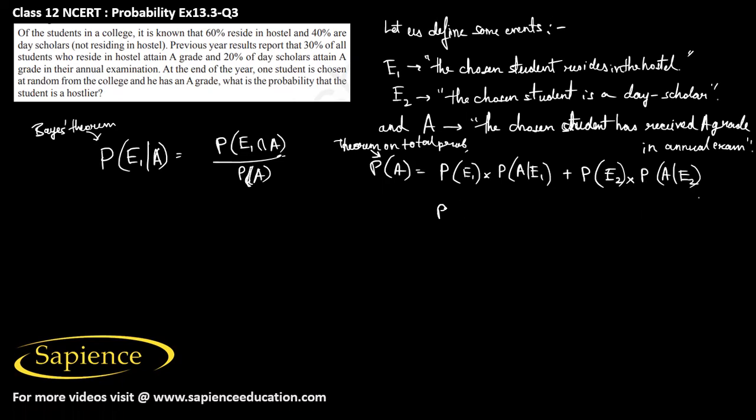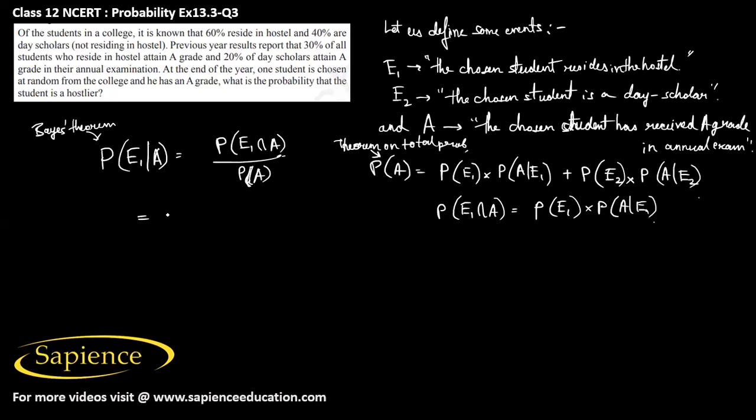So now P of E1 intersection A. Here we can apply the multiplication rule of probability. That will be the probability of E1 times the probability of A given E1.